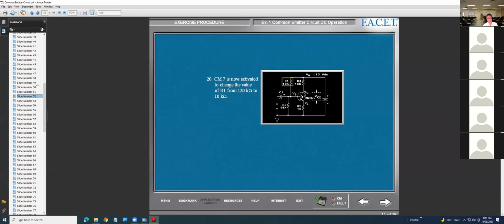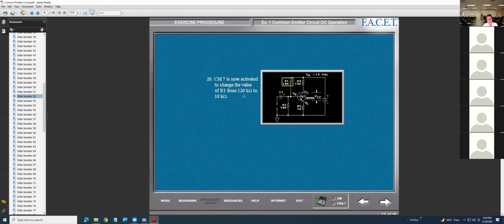Now, what happens when you see the CM? They want you to redo it again. They will be changing something here, like changing R1, and they want to make sure you know how to measure the VB, VE, VC.